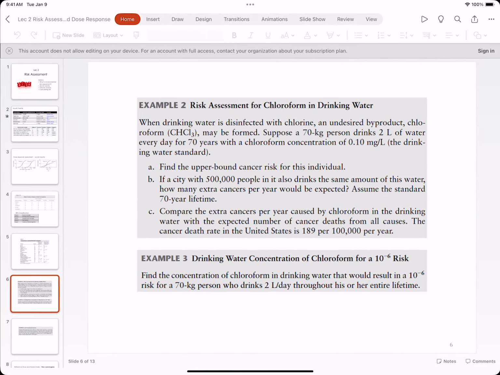And what was the next question? Compare the extra cancer per year caused by chloroform in the drinking water, this number, and the cancer death rate. The general cancer death rate in the United States is 189 per 0.1 million.